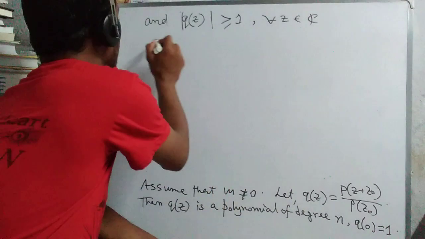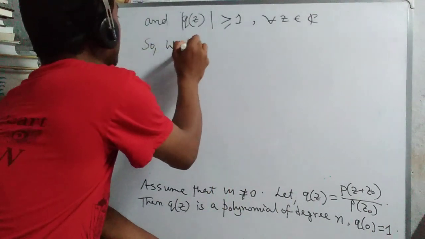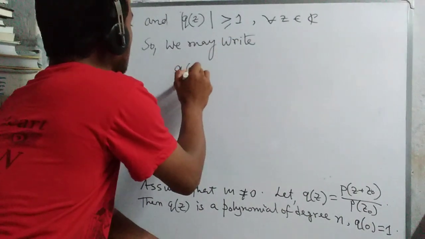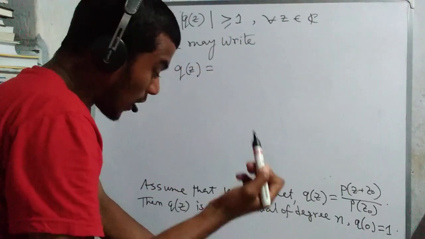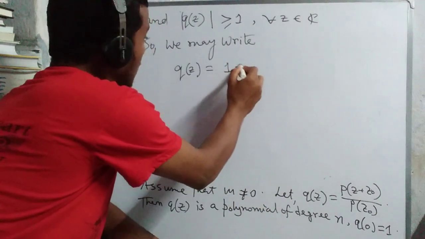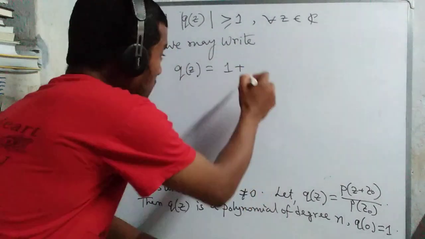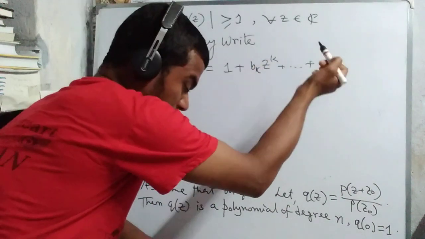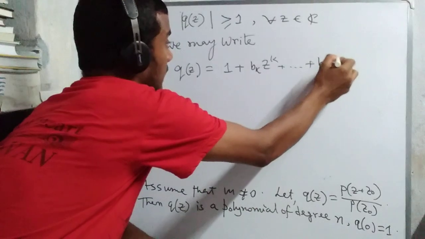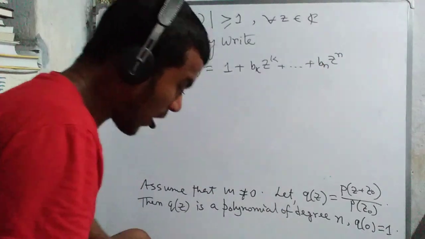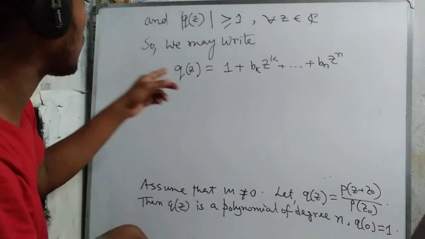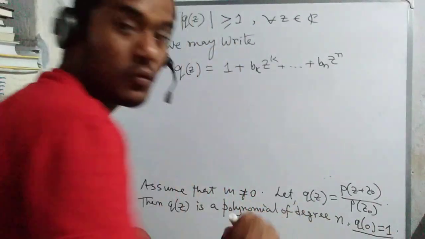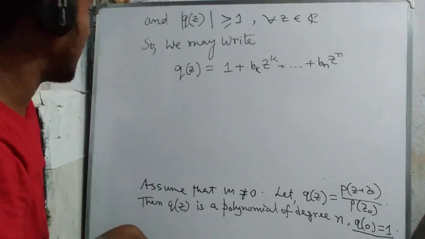So we may write Q(z) equal to 1 plus b_k z^k plus ... plus b_n z^n. Why do we write this 1? Because if we put 0, then this is 1, and Q(0) equal to 1 is satisfied.